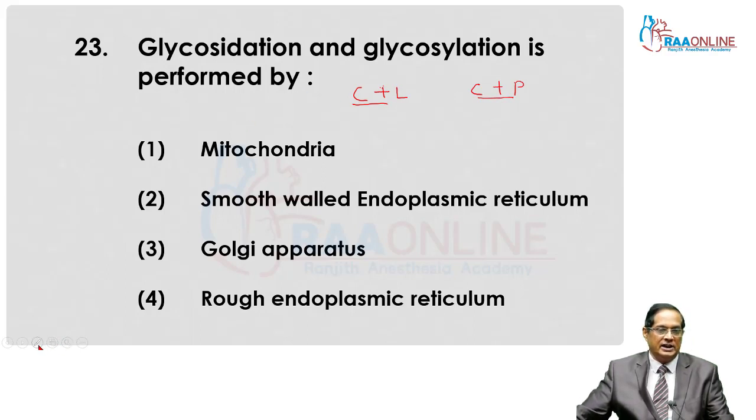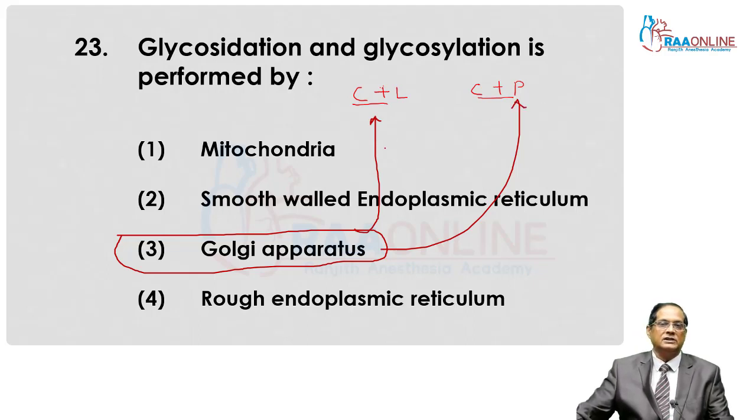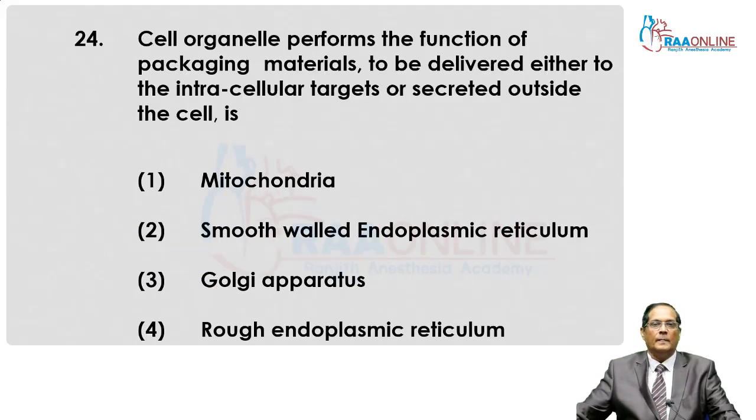That is, the Golgi body has enzymes concerned with the linking of carbohydrate with lipid as well as carbohydrate with protein. Such activities are called glycosidation and glycosylation respectively.